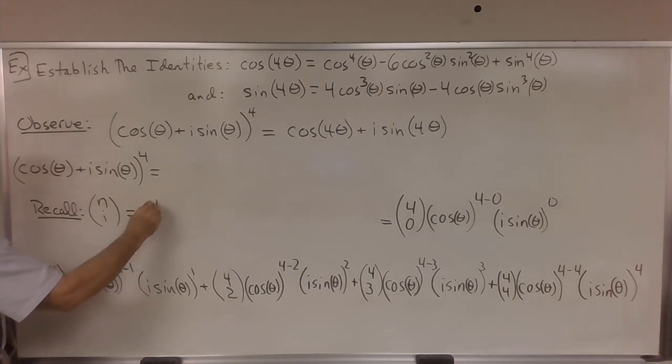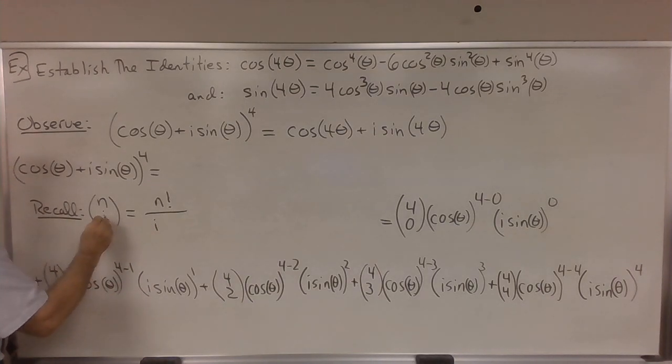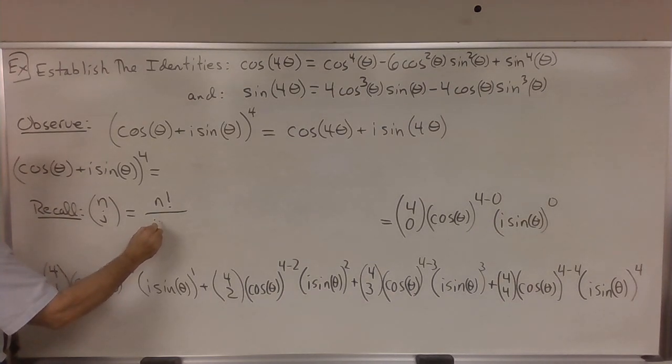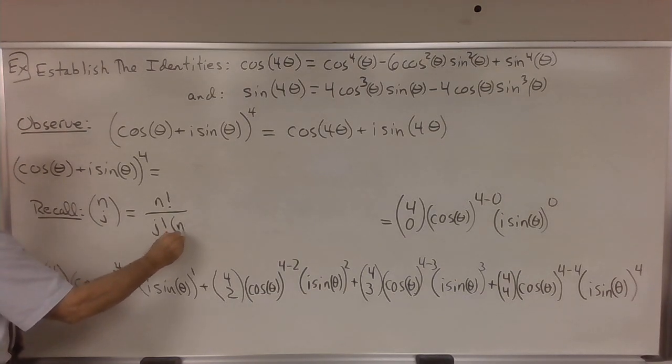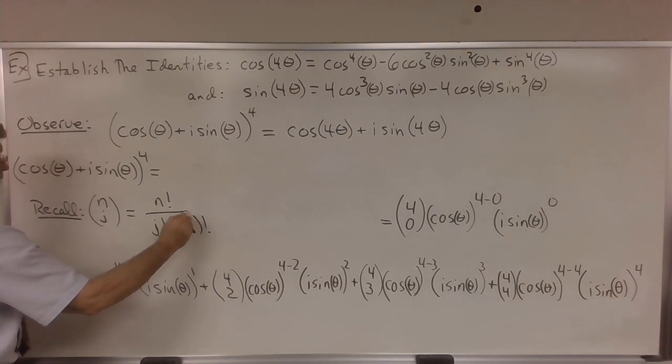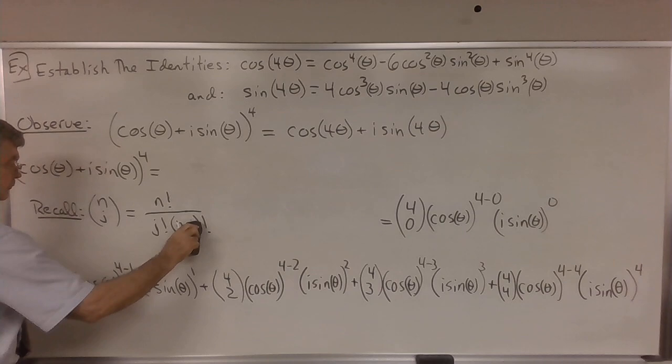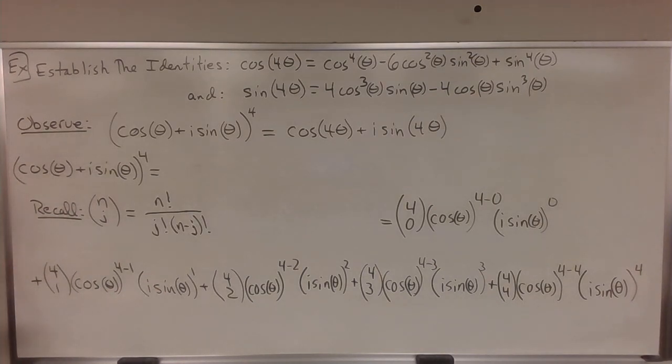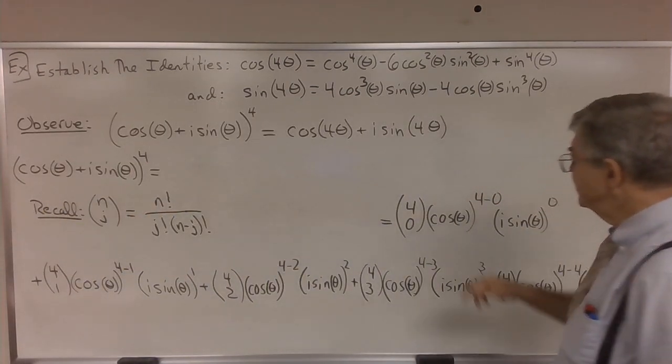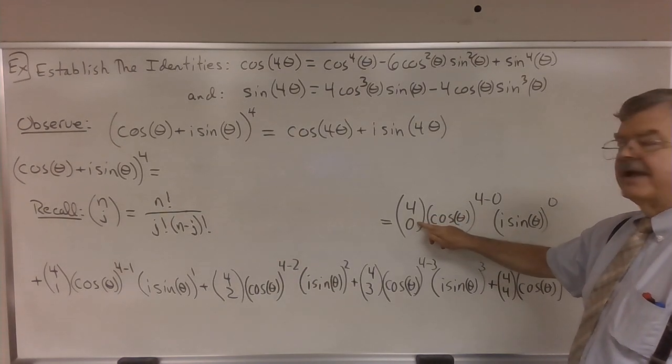N choose j, that's n factorial over j factorial times n minus j factorial.